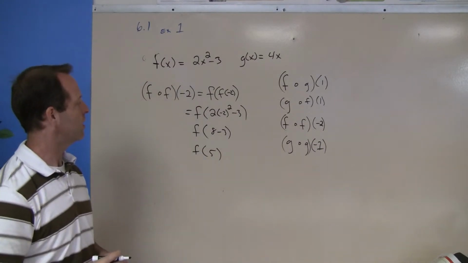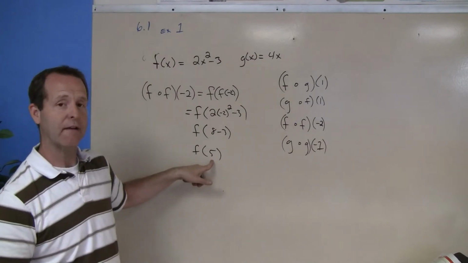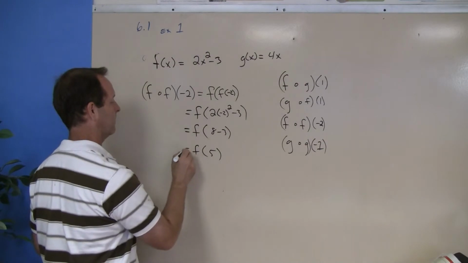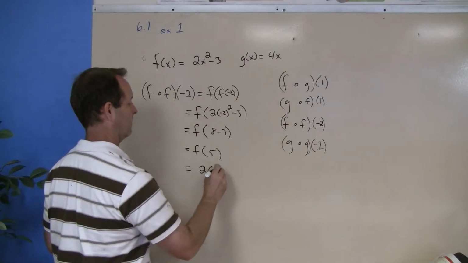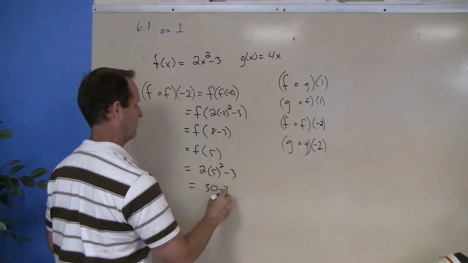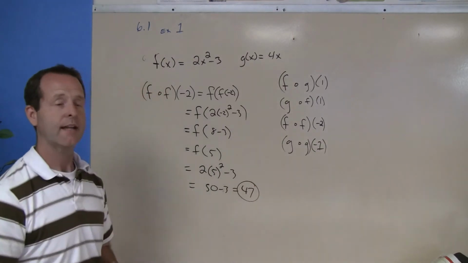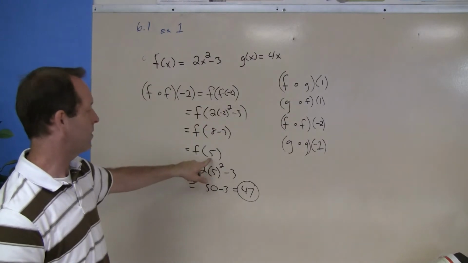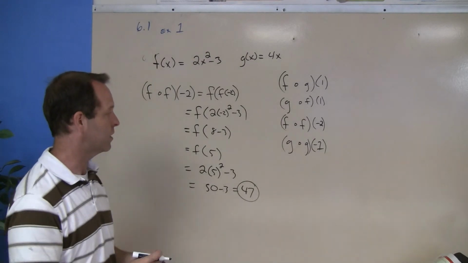So evaluating that function at -2 produces a 5. Now I want to take that 5, put it back into the f function. So I take that function, nestled it the first time at -2, produces a 5. I take that 5, throw it back into that function, produces a 47.